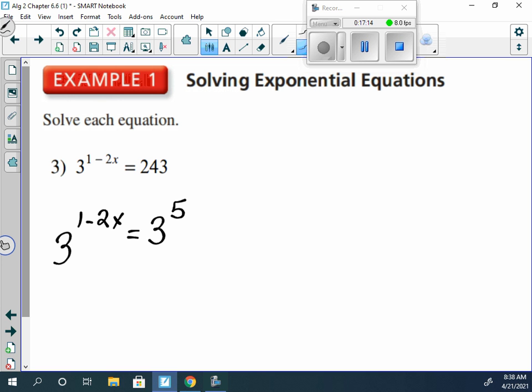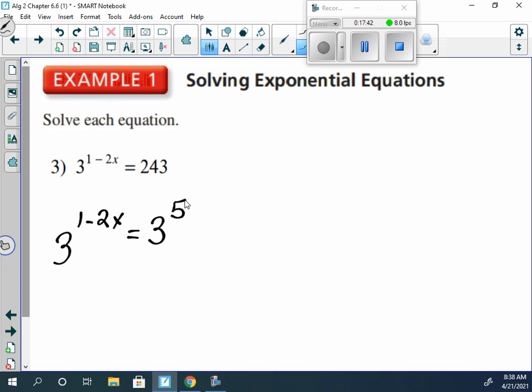We can just use a calculator to find this, because we can either do 243 divided by 3 and keep dividing by 3 until we hit 1. Or we can do it the other way and do 3 to the second is 9, 3 to the third is 27, 3 to the fourth is 81, 3 to the fifth will give us 243.